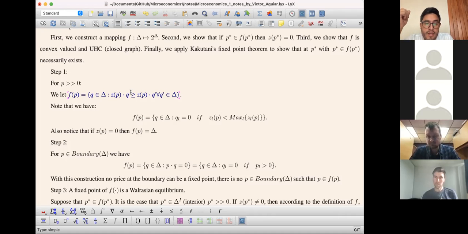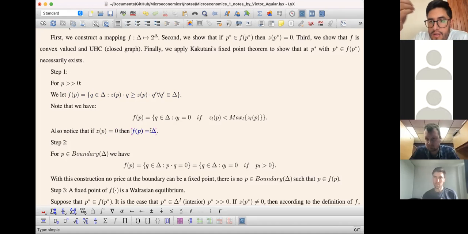So also notice that if z of P is equal to 0, then when this is the equilibrium, the whole image of this object is going to be the simplex. Why is that? Because z of P is equal to 0, so if I multiply it by any Q, it's always 0, so 0 is equal to 0 and it's going to be above all others. So by construction, whenever you have an equilibrium, the image of the correspondence is going to be the whole simplex, okay?